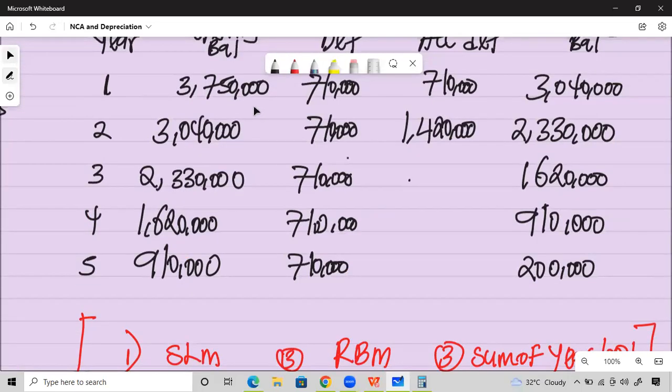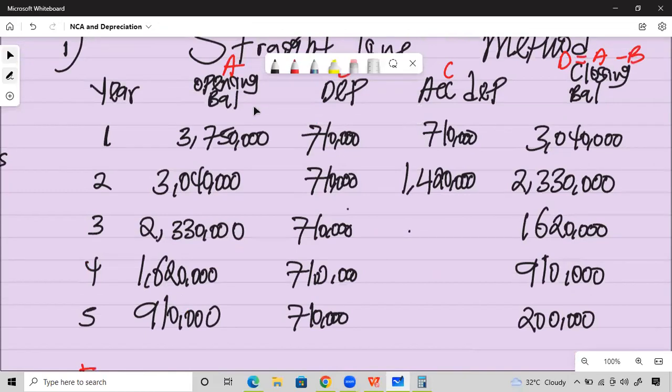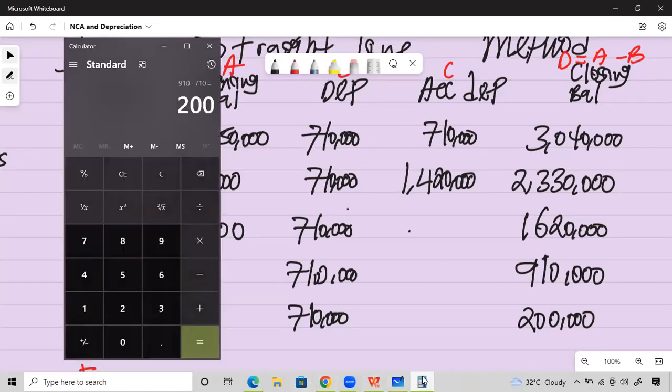So I'm giving you a task now. Do the accumulated depreciation for this. So it's just this: 1,420 plus 710.